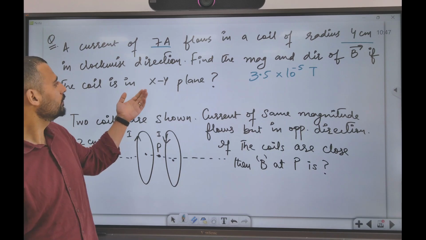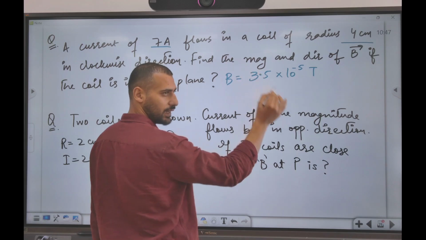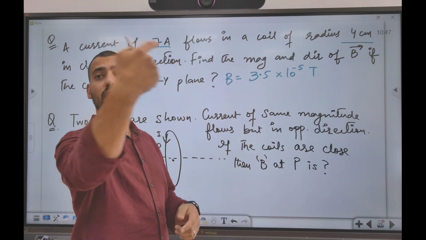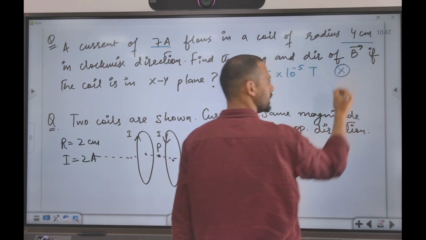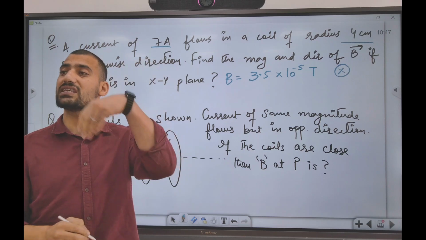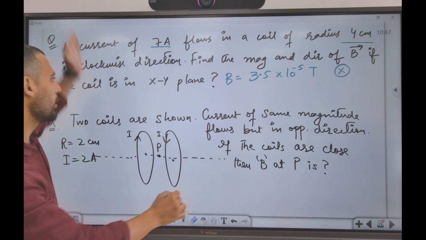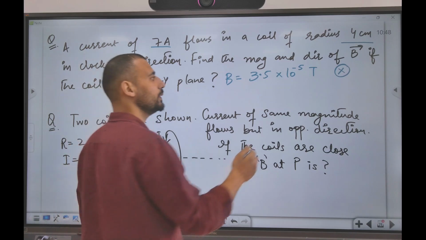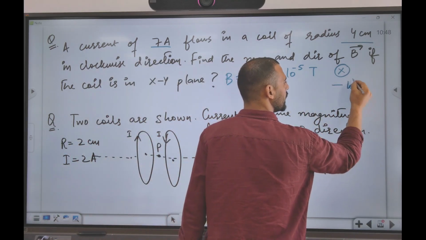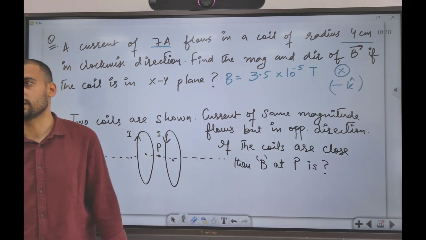So the magnetic field would be 3.5 and it will be inwards, fine. But if you have to say along which axis, very important. So X and Y, therefore it will be along Z axis and it is inwards. So it would be along negative K.